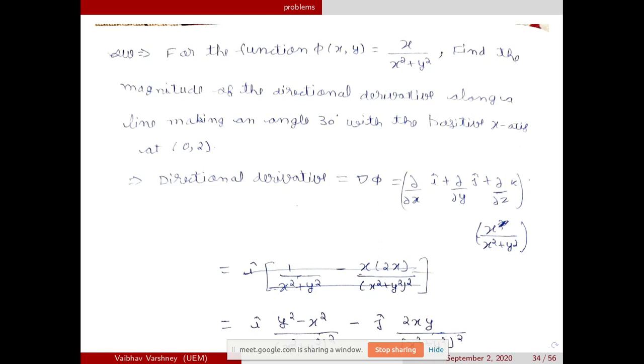Yes, sir. Okay, please do, all of you. Yes, good. All of you try and just let me know whether these x and y components are right or not. Then I will proceed.